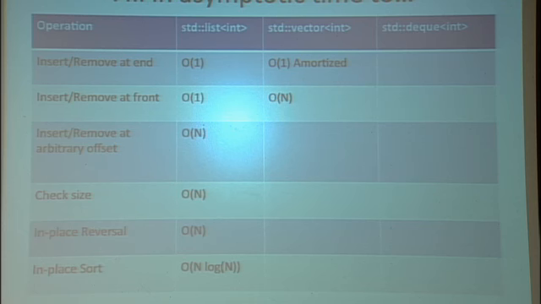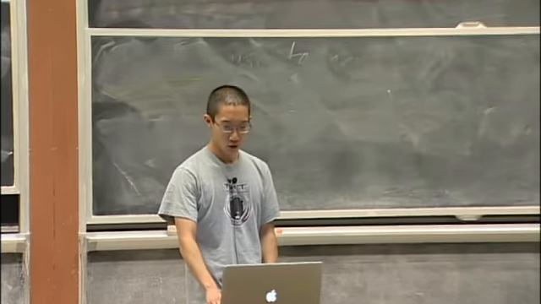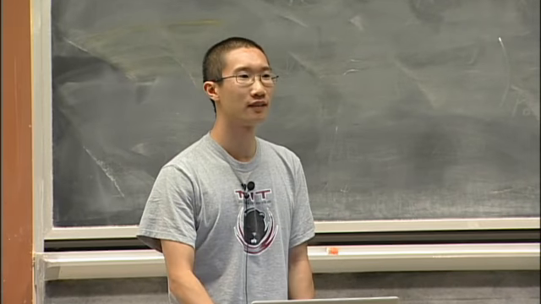What about inserting and removing at an arbitrary location inside a vector? Well, that one's fairly obvious to be some sort of linear time too, because it has to shift all the elements after it. Checking the size of a vector.